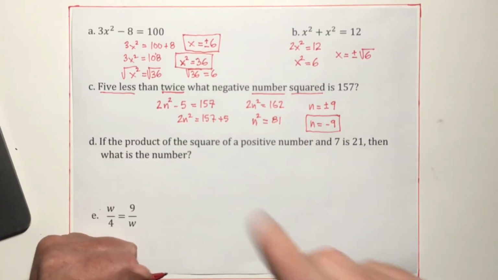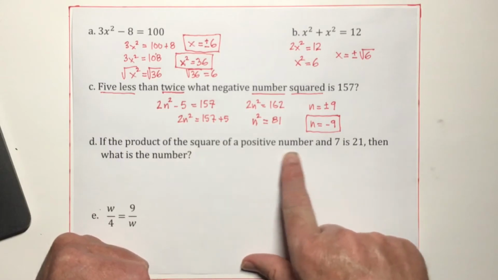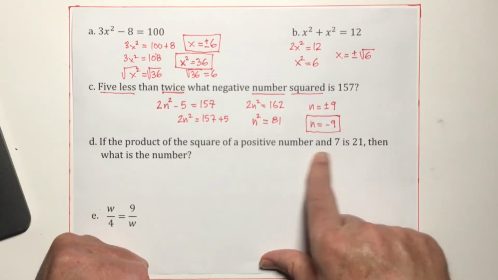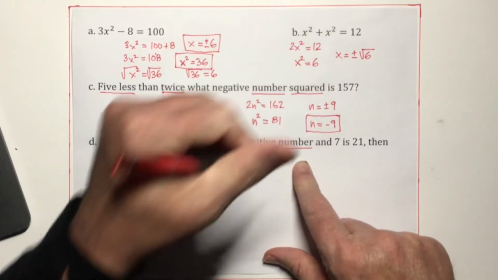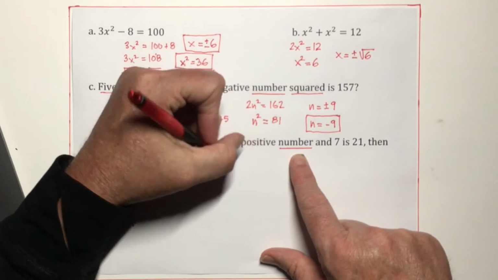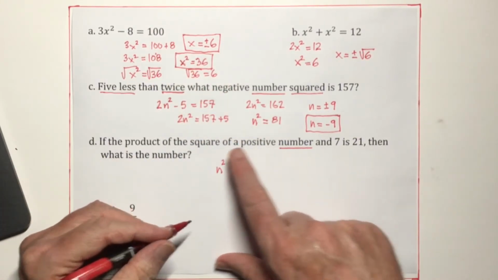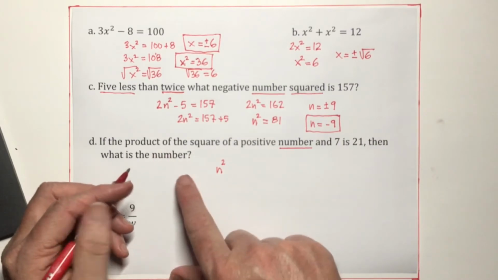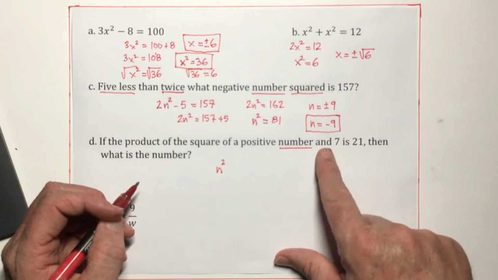So make sure you answer what is actually being asked. All right, similarly here, if the product of the square of a positive number and 7 is 21, then what is the number? Okay, so we have a number. And we have the square of that number. So again, I'm going to let that number be n, and we're squaring it. Now we have the product of the square of a positive number and 7.